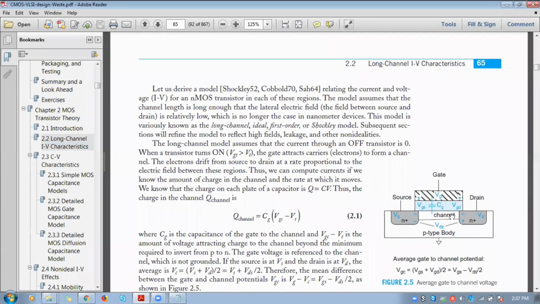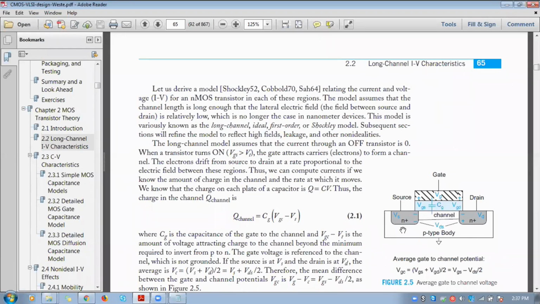The lateral electric field is applied between source and drain, that is your VDS. So the lateral electric field is VDS by L, and the vertical electric field is VGS divided by T-ox.